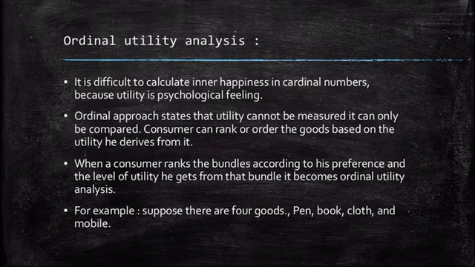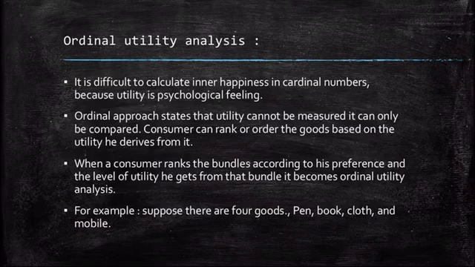It looks more realistic compared to cardinal utility analysis. It is also more realistic to compare two goods rather than calculating utility in numbers. If I give you two goods, say X and Y, based on your preferences, you can rank them, whether you prefer X or Y.